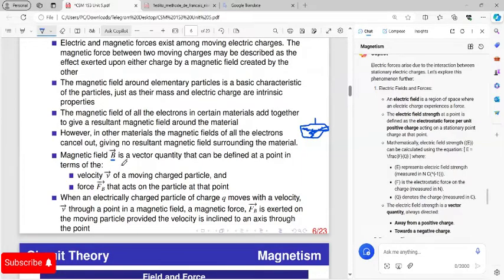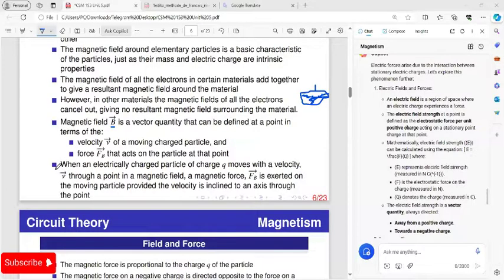Velocity, which is displacement over time of a moving charged particle, and the force that acts on the particle at that point. So we can tell the magnetic field by the velocity of the moving particle and the force that acts on the particle at a particular point in time.